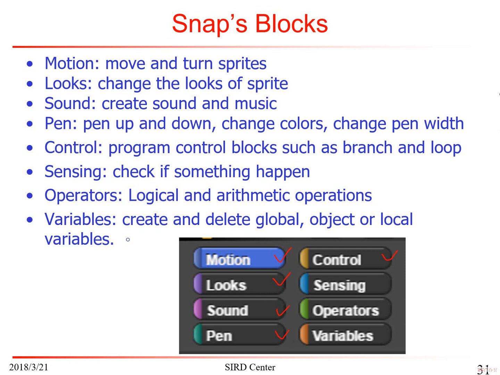We will do this as our example. You can also do some sensing, because you have so many sprites on the screen. So when one sprite touches the other, they can sense it. And you can do arithmetic and logic operations in operators. And you can create a single variable, or create a data structure called a list.